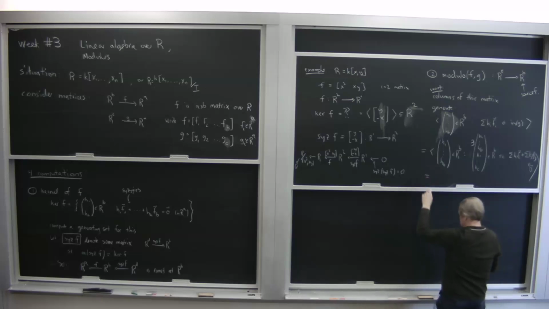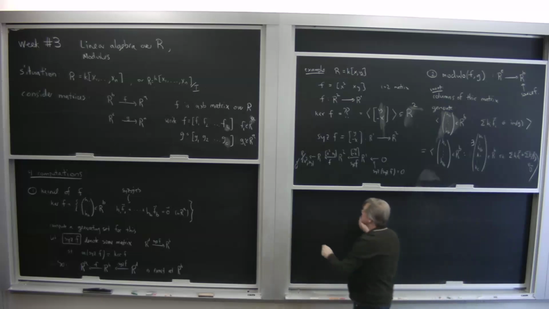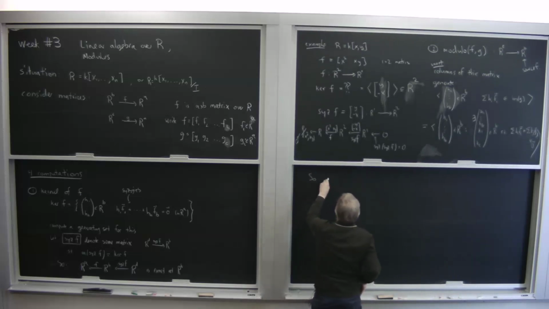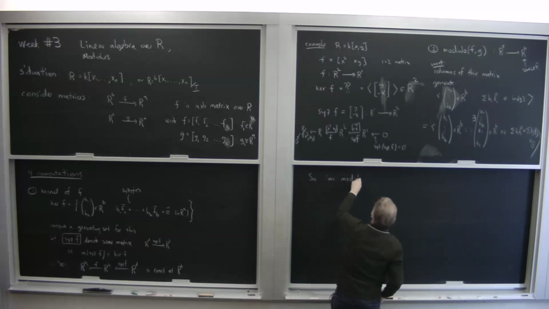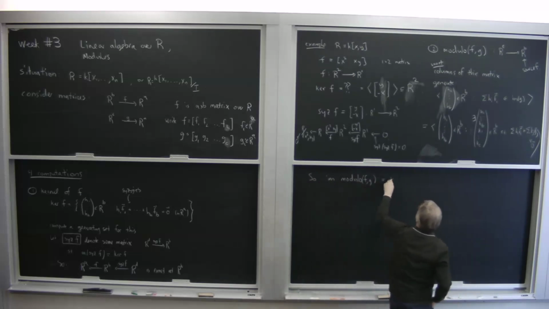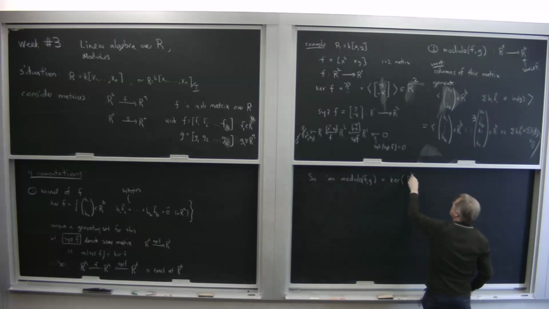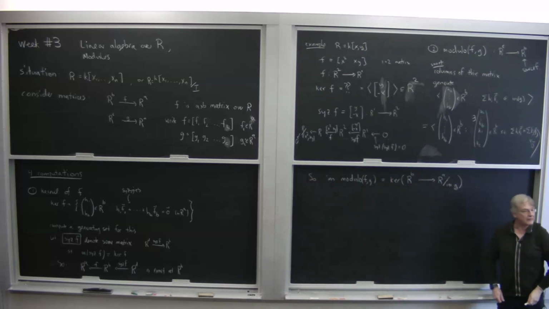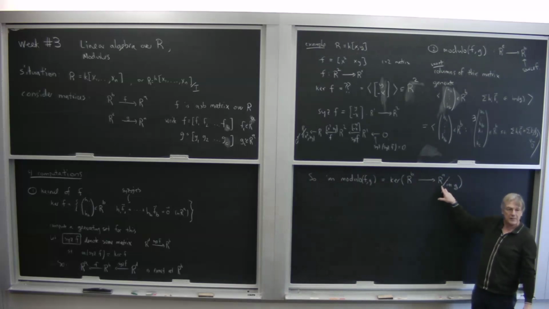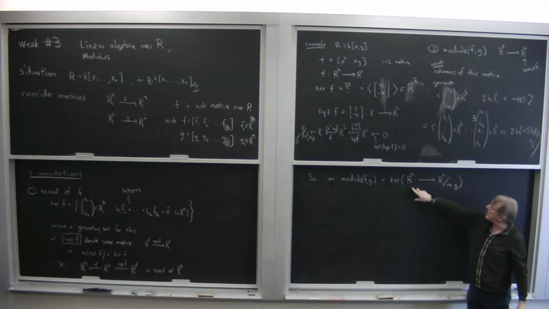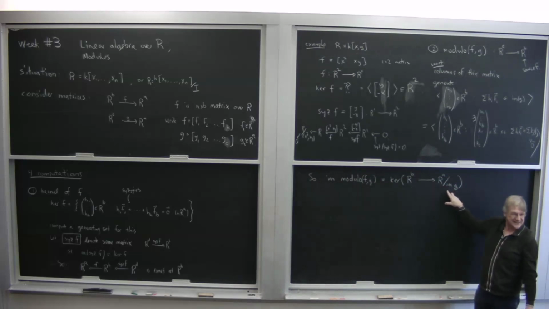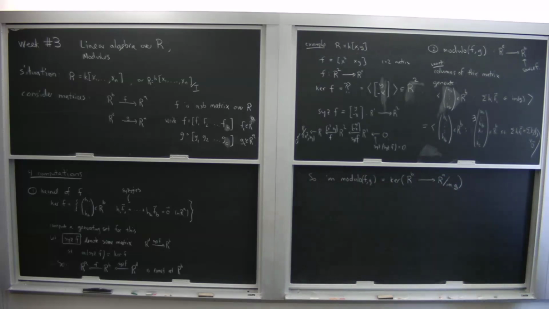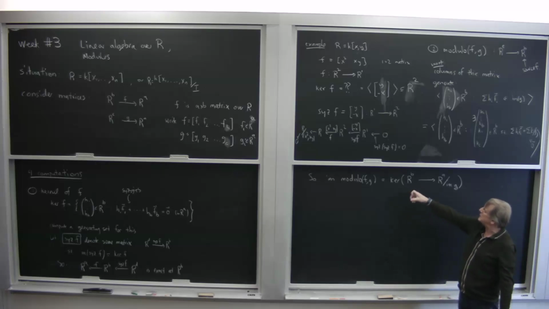So the image of this module map is actually equal to the kernel of the map R to the B mapping to R to the A, but modulo the image of G. So all of a sudden, instead of just doing the kernel of free modules, we're doing the kernel of a free module to a non-free module. So it's somehow a generalization, and one could say, why don't we just take a matrix that gives you the kernel of any map? Well, we're going to do it this way.